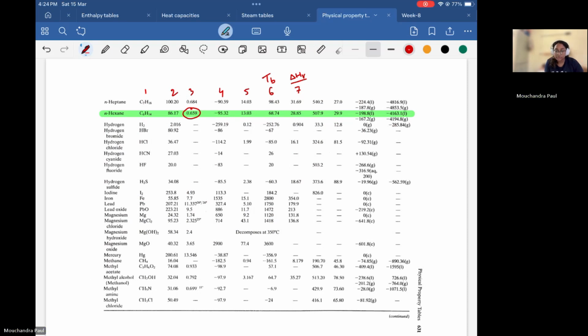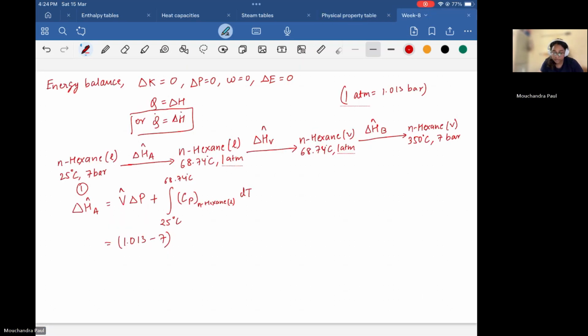Okay. 0.659 is your density. So density is kg per liter, and we can write V hat as liter per kg, per unit mass. So it will be 1 liter by 0.659 kg.